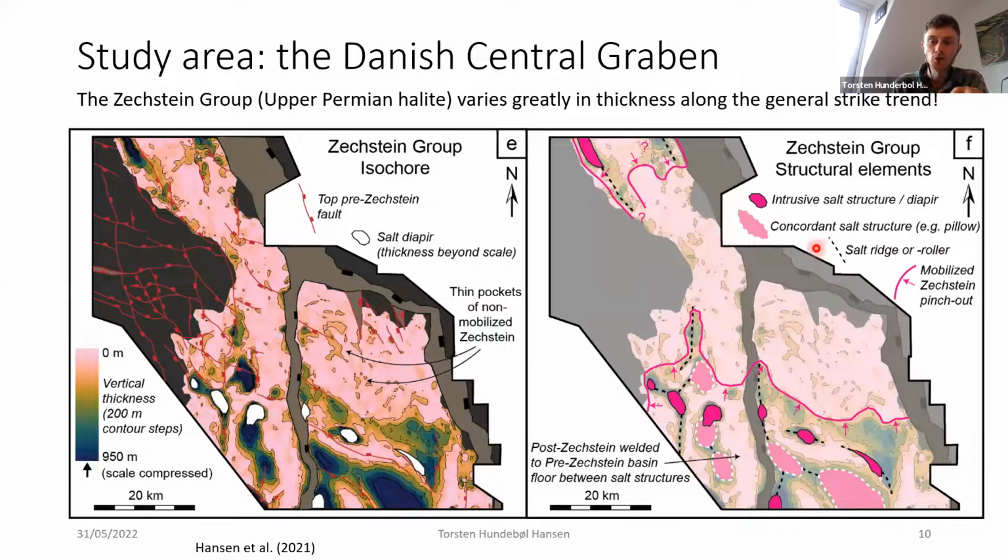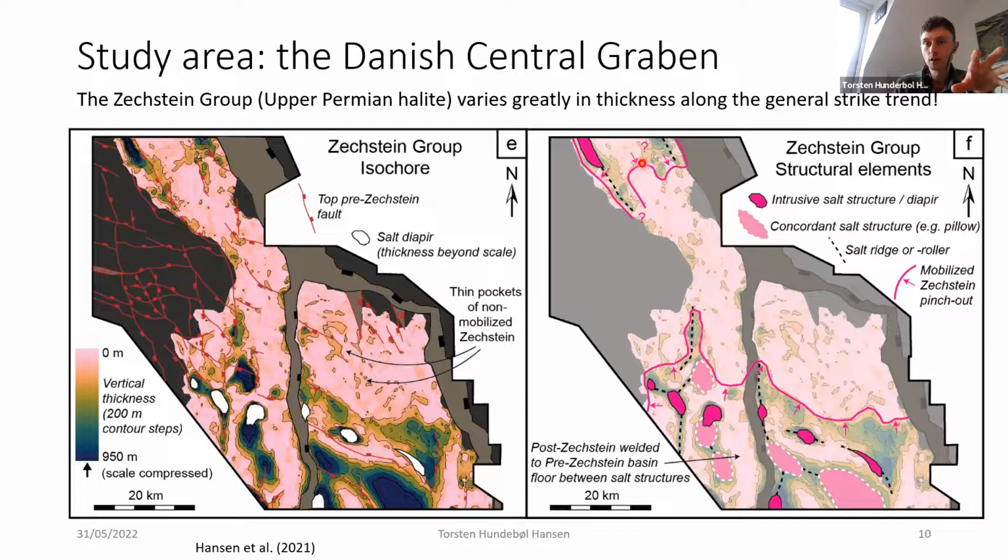Still, this smaller area is great because the Danish Central Graben basically straddles the structural high between the northern Permian Basin, with a lot of Zechstein salt to the north, and the southern Permian Basin to the south.